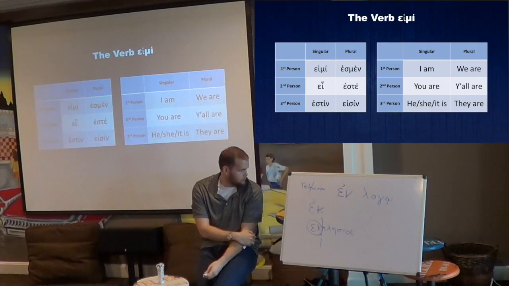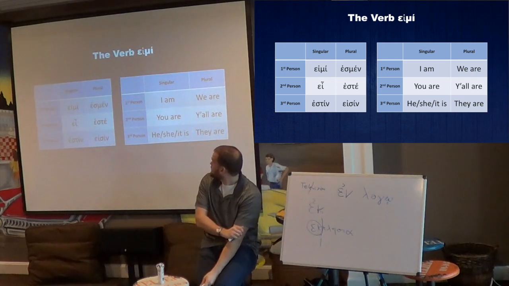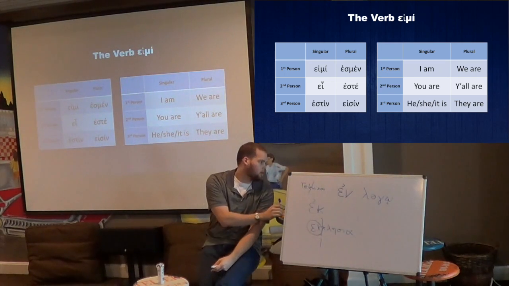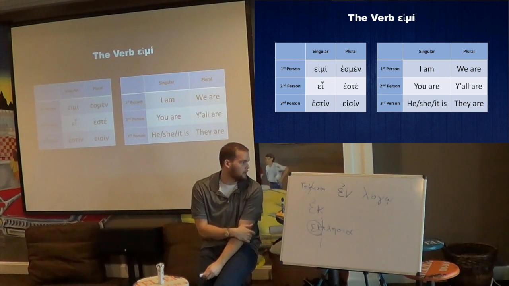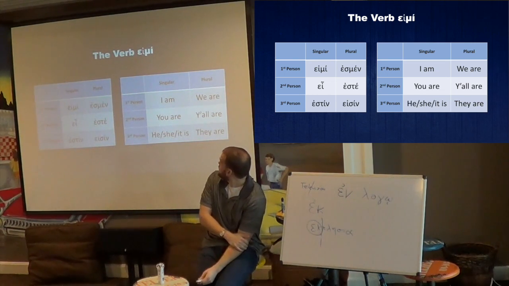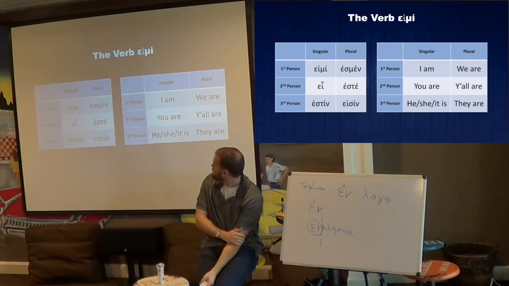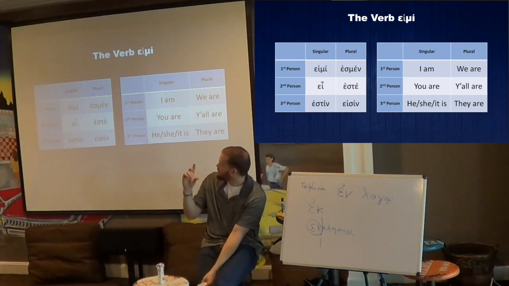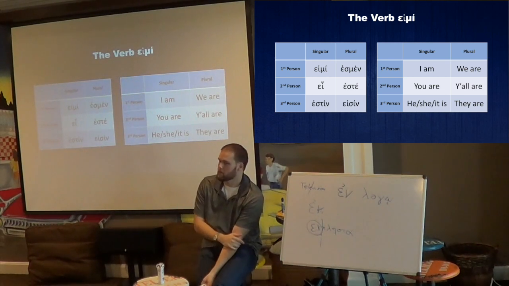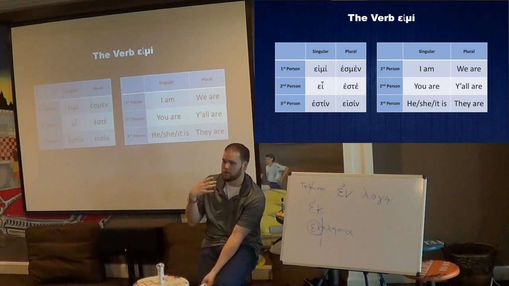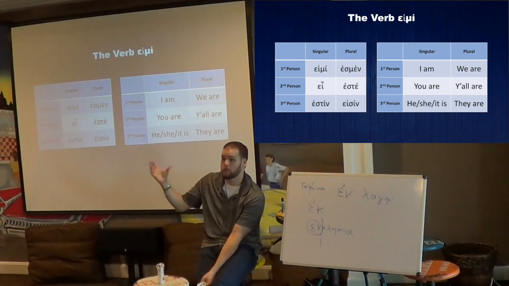Last little thing that you have to memorize this week is the verb to be. Eimi in Greek. It's got a funky little construction that you don't learn about until the very end of Greek mi verbs, but in all languages, the to be verb gets used so often.